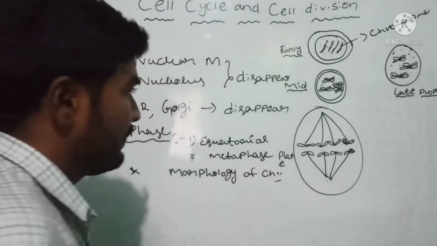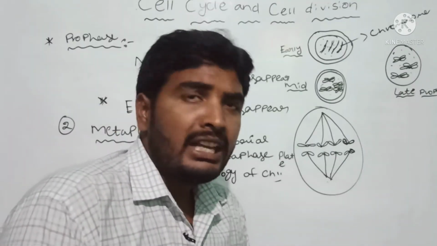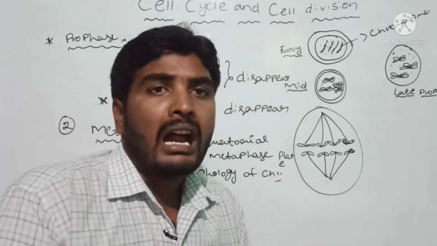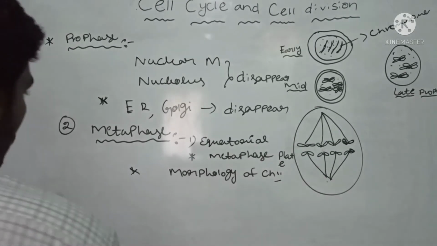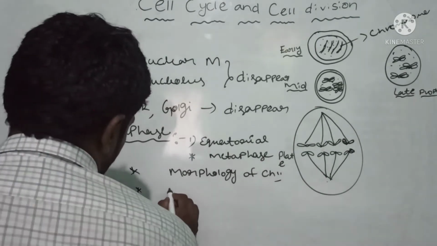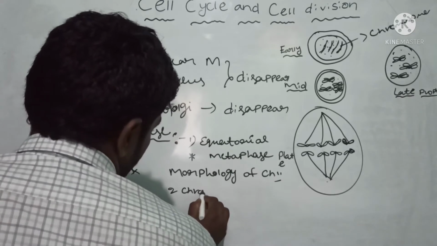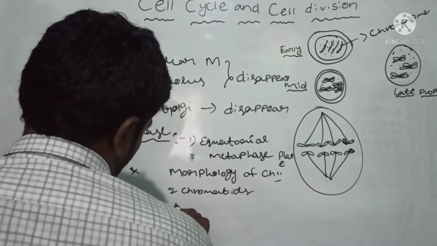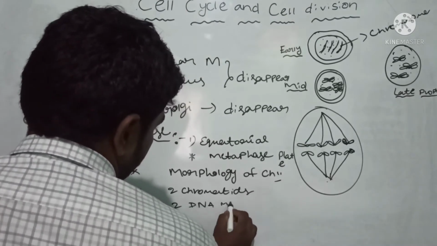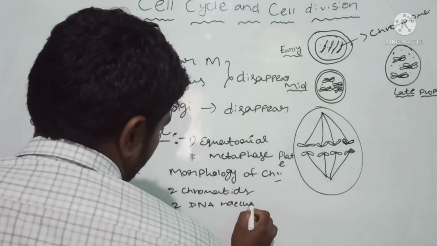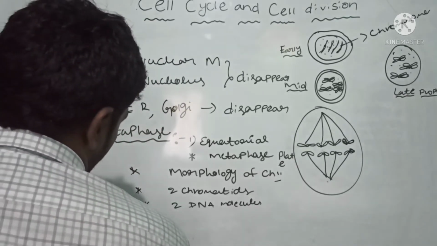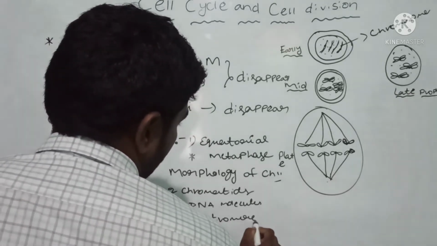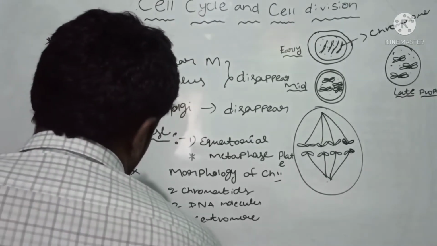Now, each chromosome has two chromatids, one centromere and two DNA molecules, and two kinetochores.